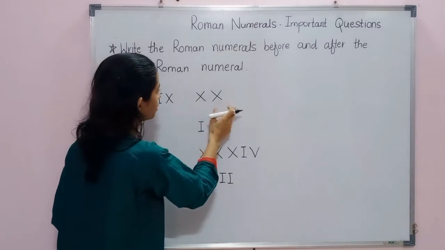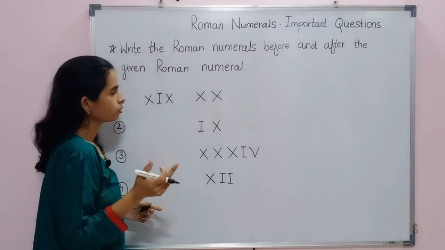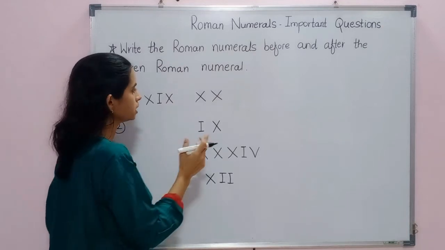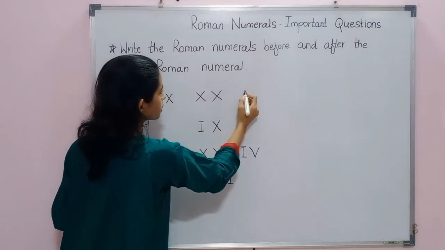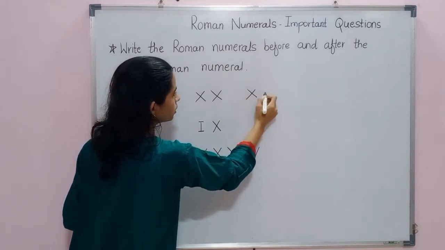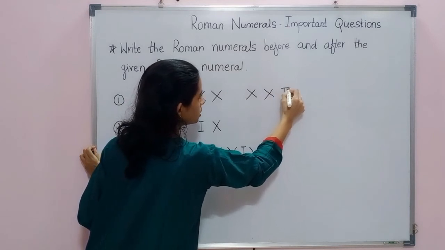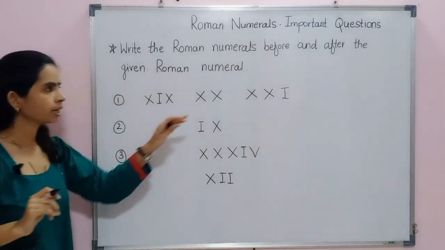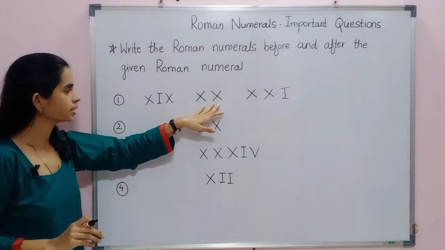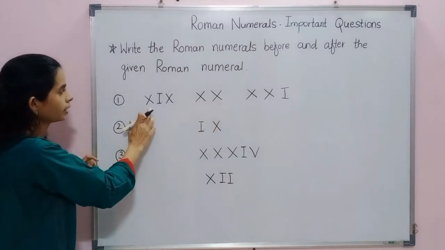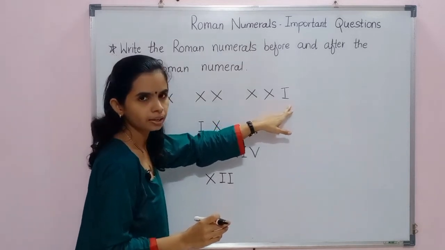Now we will find the successor. The successor of 20 is 1 more than the number, that is 21. So here we will add 1 to it. The symbolic form of 21 is XX and 1 is represented by I. So the predecessor of XX is XIX and the successor is XXI.